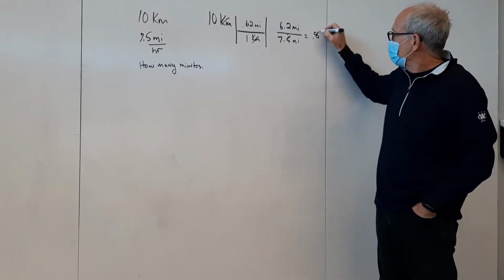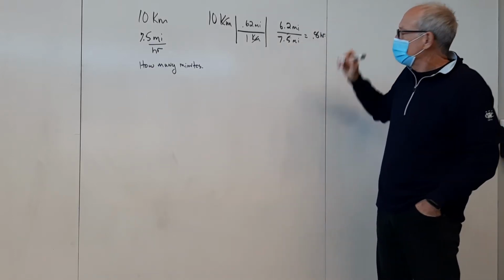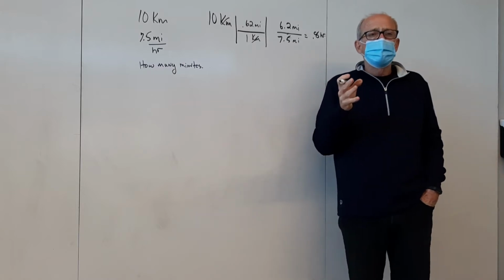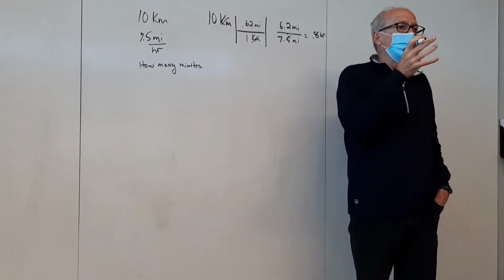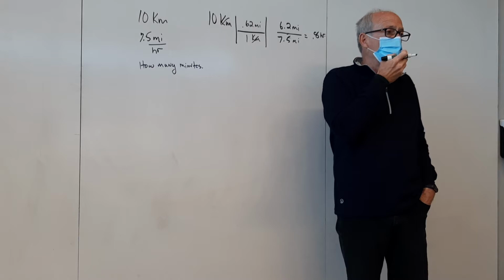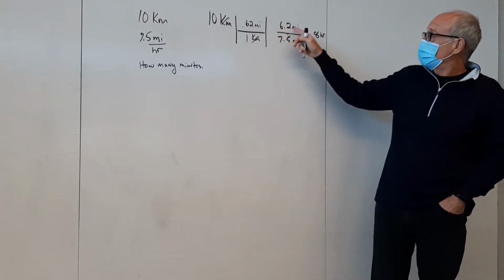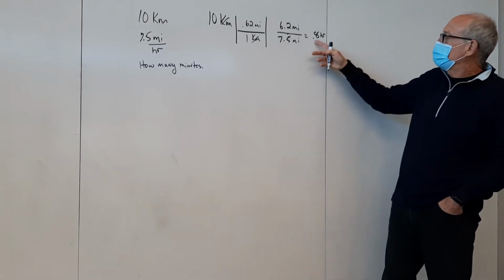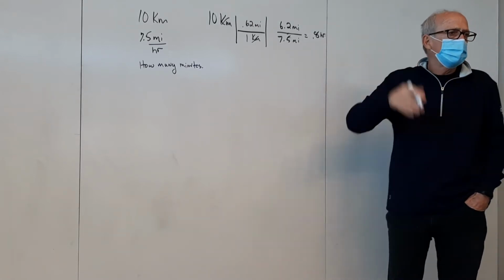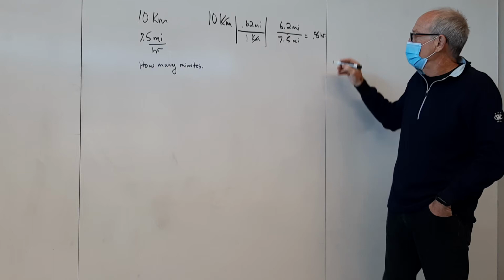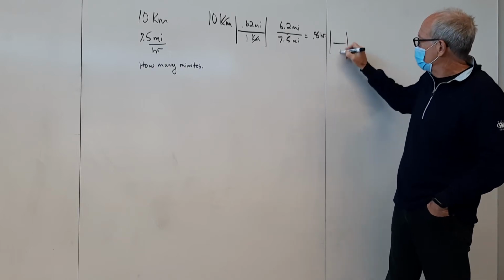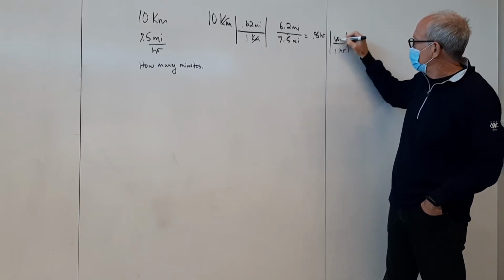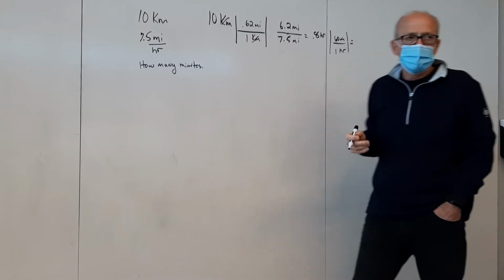Now, here's another thing, 0.8 hours. Always make sure that your answer seems logical. That's really important. So 6.2 miles is less than 7.5, so it has to be less. So then we have 0.8 hours, and we can change that to minutes. You know how to do that. I'll put hours on the bottom, 1 hour, 60 minutes, and there's your answer.